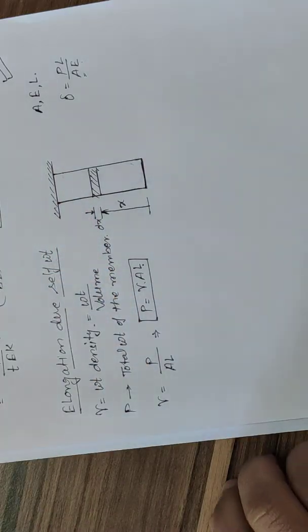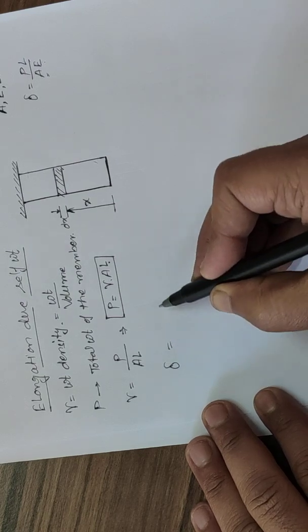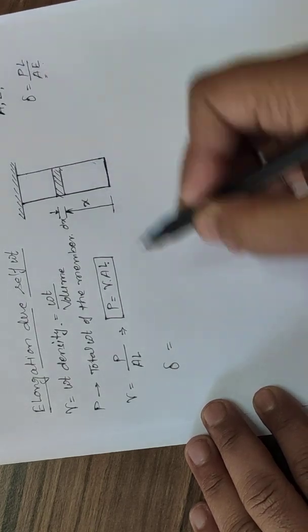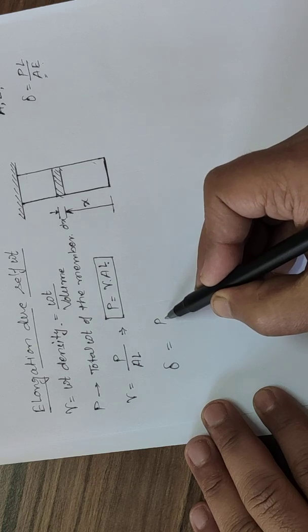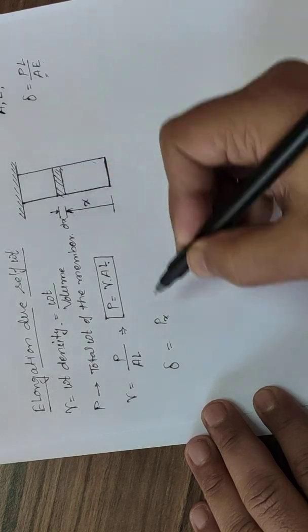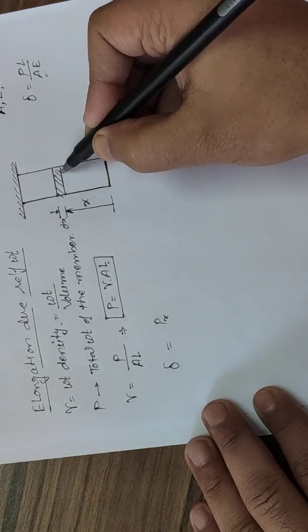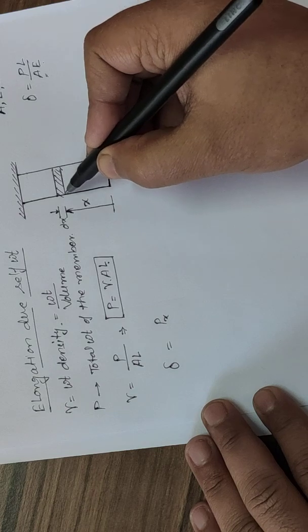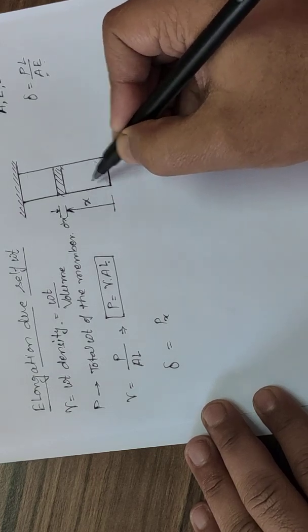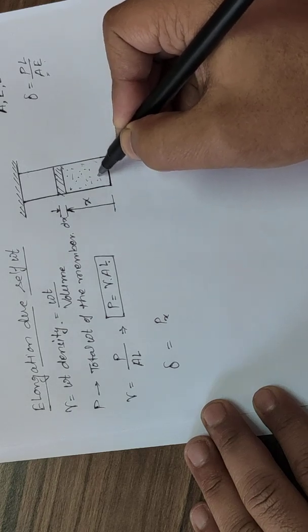So we have to calculate del. Px is the weight which is acting downward to this member, so Px will be equal to the weight of this portion of the member.